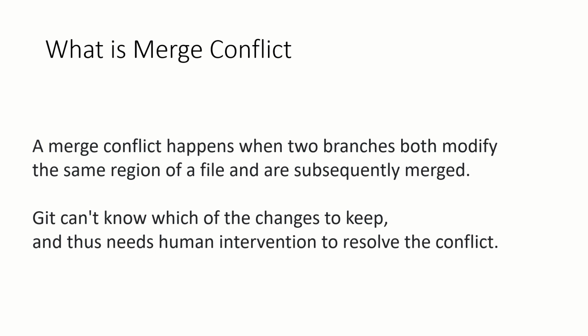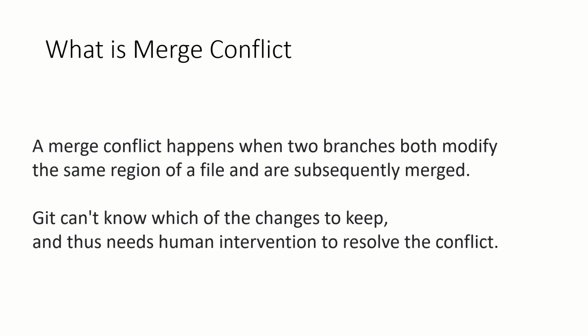Now you have created two branches, test 1 and test 2, out of that master branch. And let's say developer 1 is working on test 1, developer 2 is working on test 2. Okay, and let's say developer 1 and 2 are working in the same file at the same line.